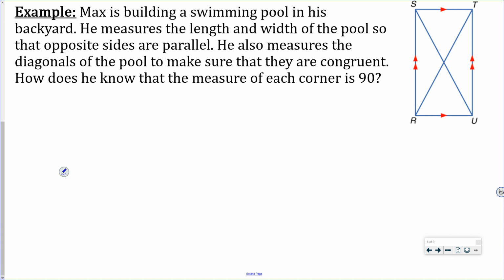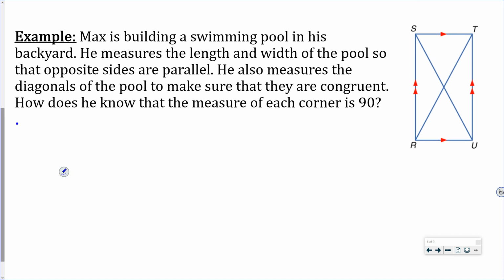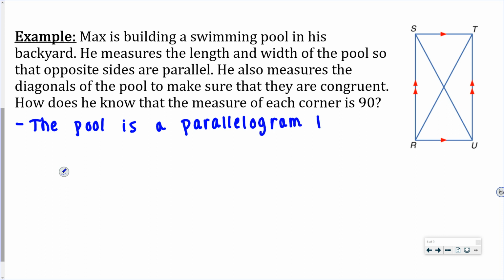All right, well, because he measured the opposite sides to be parallel, we know the pool is a parallelogram, right? Because both pairs of opposite sides are parallel.